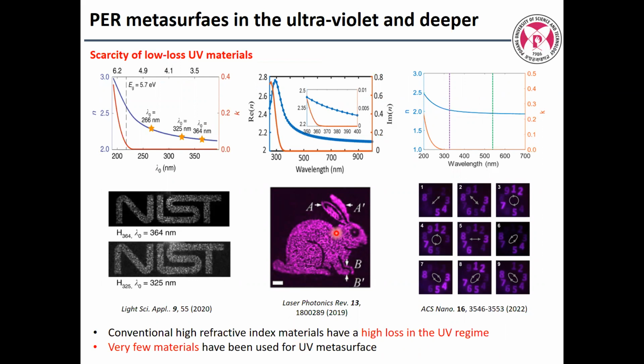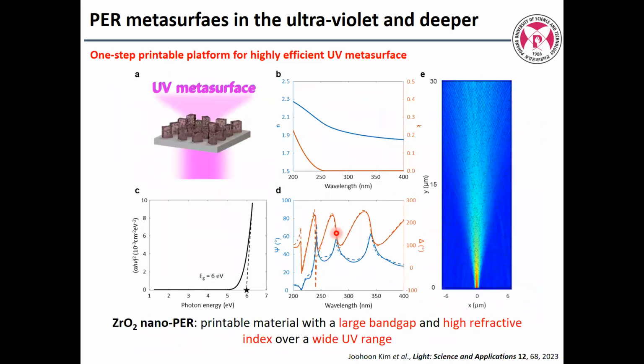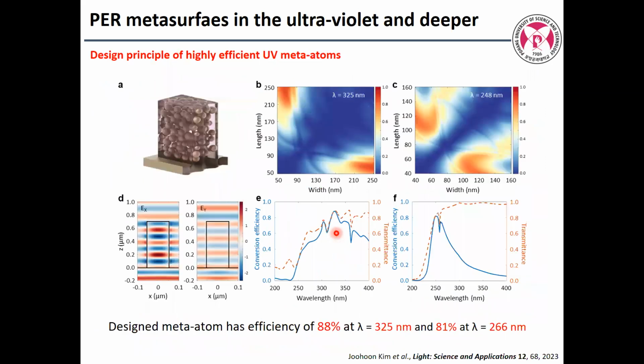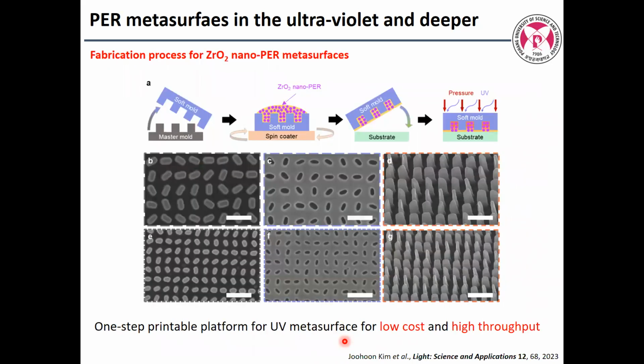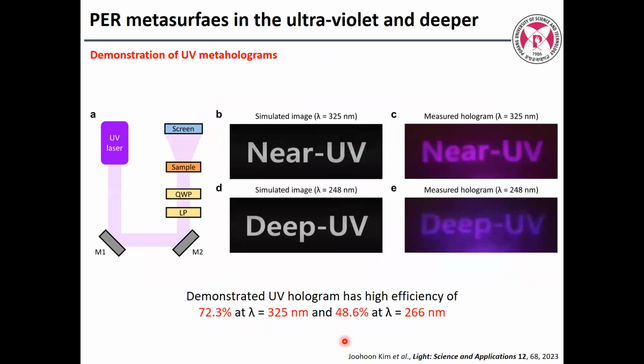And this is a recent UV wavelength range work. We found zirconium oxide to be a good material with a high band gap in UV and deep UV. This is the same design at 325 and 248 nanometers with pretty high conversion efficiency. So we did the same thing: zirconium oxide particle-embedded resin and printing, and showed the metahologram at two different wavelengths.